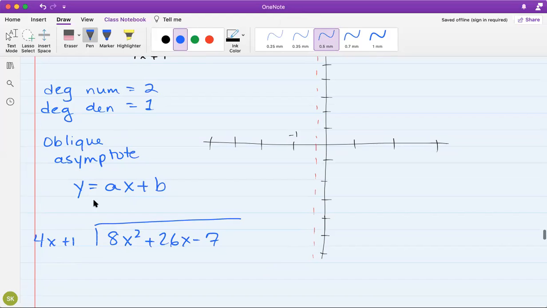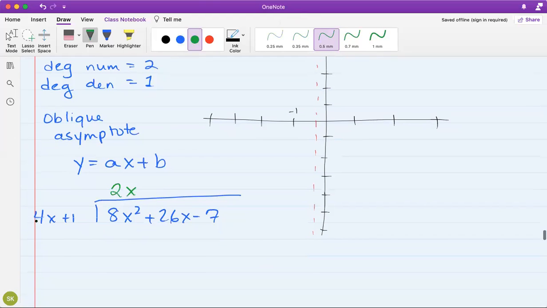We ask ourselves what we need to multiply 4x by to get 8x squared, and that's 2x. So 2x times 4x gives us 8x squared, and then we also multiply this 2x with the 1, which gives us 2x. Subtract this. We get on the bottom 24x, and we carry down the negative 7.